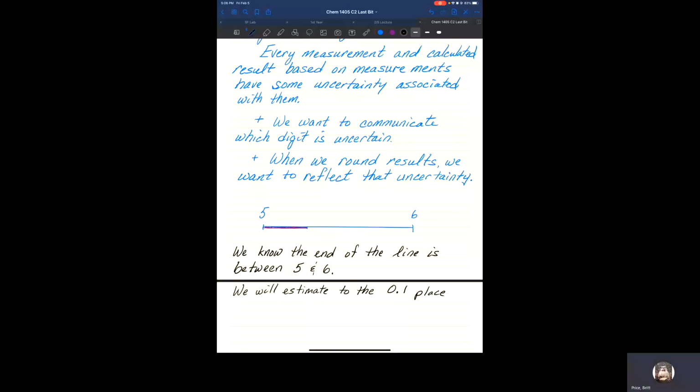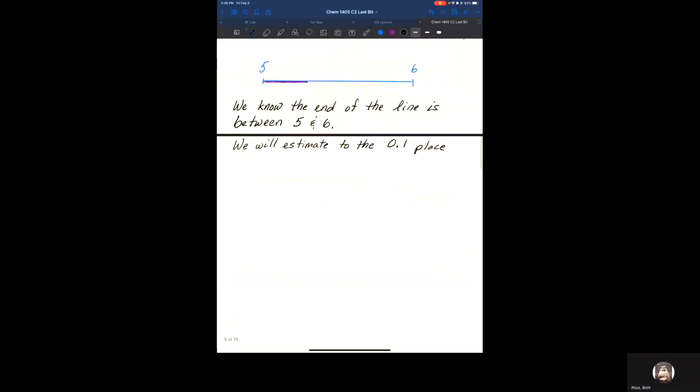So I'm going to have you estimate to the 0.1 place. So you might end up with, again, 5.2, 5.3, 5.4, and I'm just going to highlight those are your estimates.